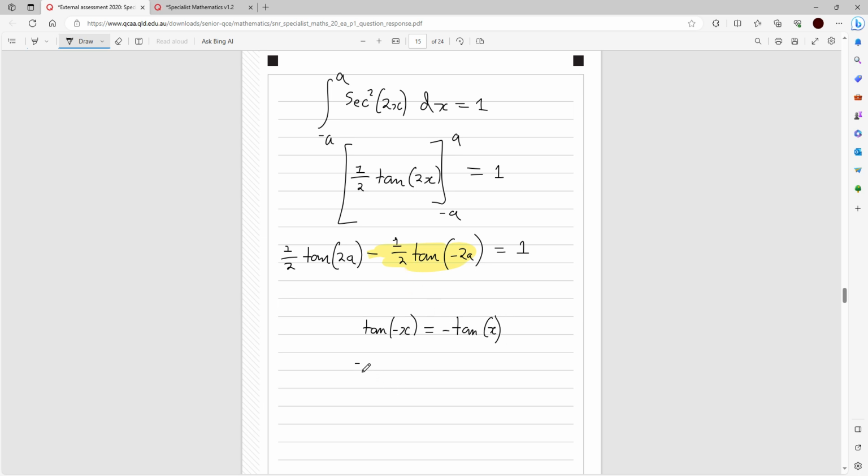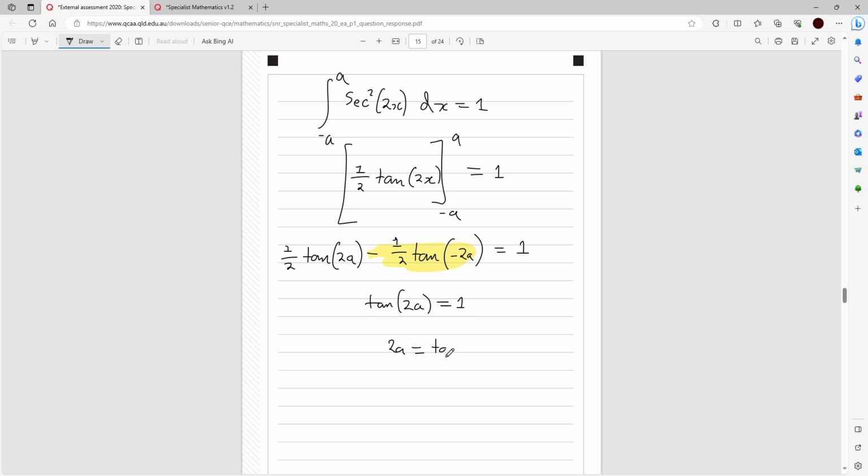So here, when we have negative a half tan of negative 2a, that is basically a half tan of 2a, because the negative sign cancels out. Okay? So what we effectively have here, if I rub this out now, is a half of tan of 2a plus a half of tan of 2a, which gives me tan of 2a equals 1.